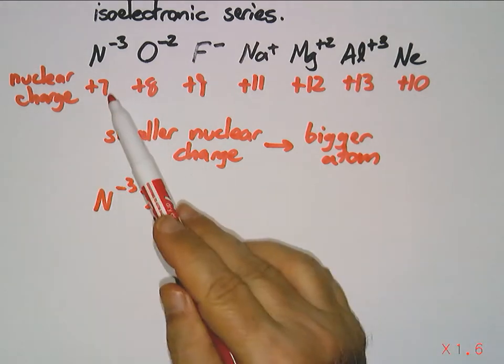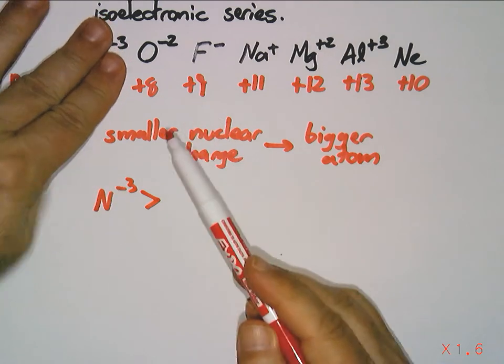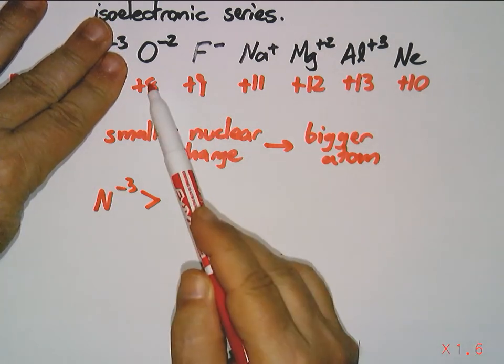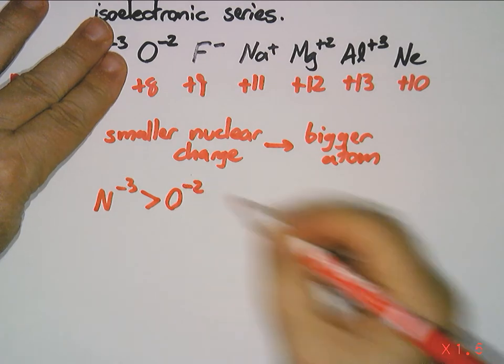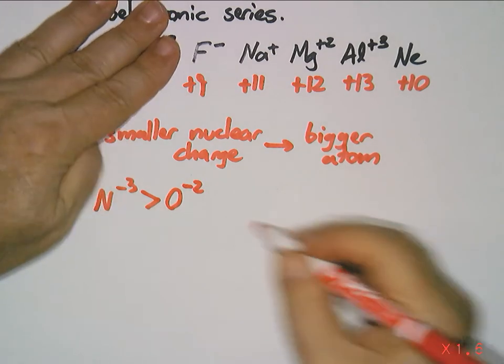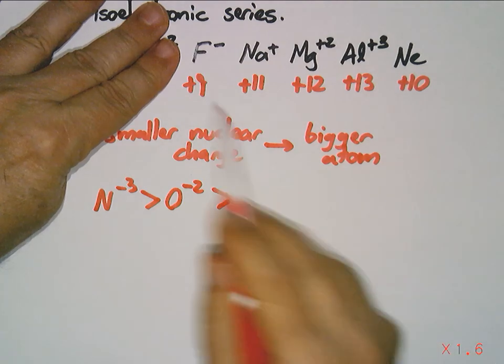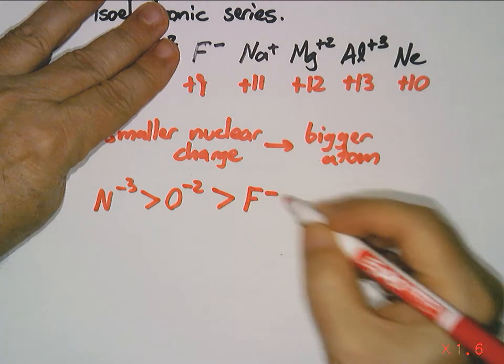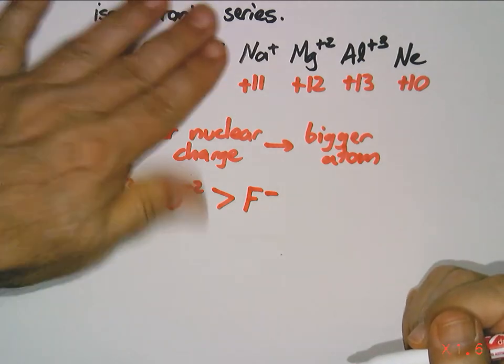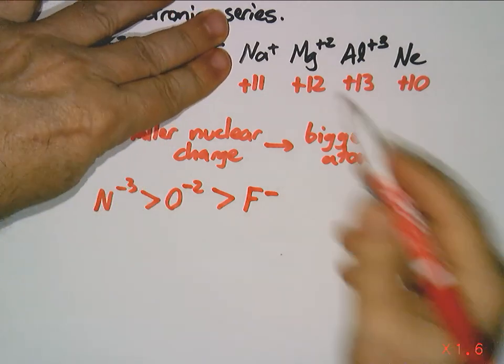What's the next? Okay, so we take that one off the list. What's the smallest nuclear charge out of what's left? This one. Let's take that out of the list. What is the smallest nuclear charge out of what's left? Okay. Let's look at what's left.